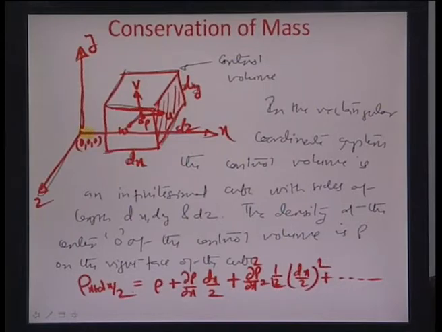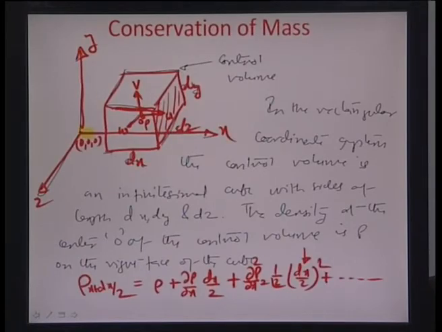So, if we assume dx to be an infinitesimally small element and neglect all the higher order terms here, the rho at x plus dx by 2 comes out to be, and why we are taking dx by 2 is because we assume this whole length to be dx. Okay. And O is at the center. So, therefore, this shaded face here is at a distance of exactly dx by 2 from O, and that is why the dx by 2 term. So, therefore, rho at x plus dx by 2 is nothing but rho plus del rho by del x times dx by 2.